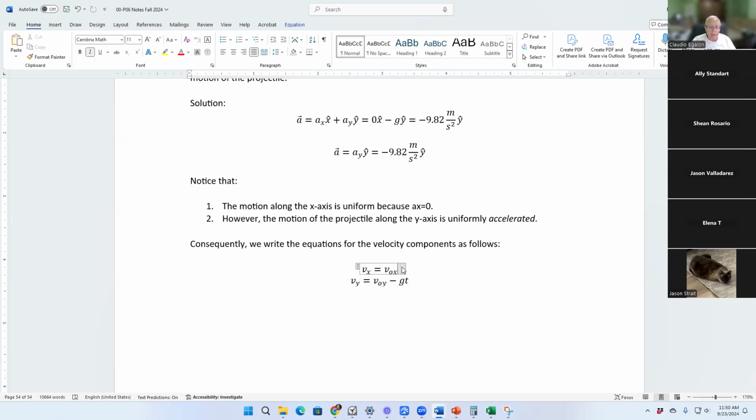And by the way, v naught x is going to be what? It's going to be v naught times cosine of theta.